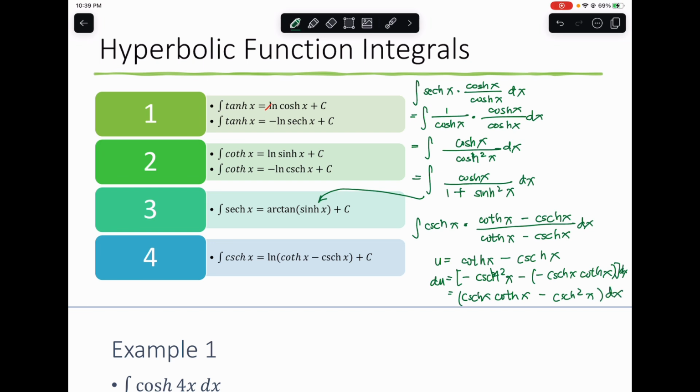Once we distribute this, and then distribute it to negative cosecant squared, that would become u. So that makes it du over u, or just simply ln of hyperbolic cotangent x minus hyperbolic cosecant x.